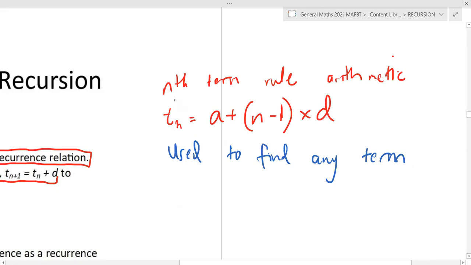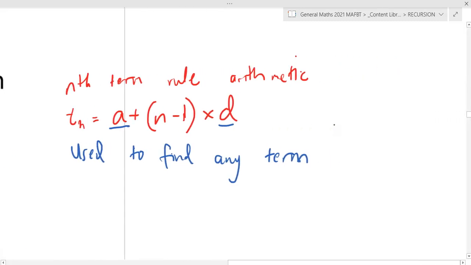It's the rule that basically gives us any term that we want. And just remember, what do A and D represent? A represents your first term, the first number, different to the starting number. And D represents the common difference, so how much it goes up and down by each time. Okay, that's the nth term rule for an arithmetic.